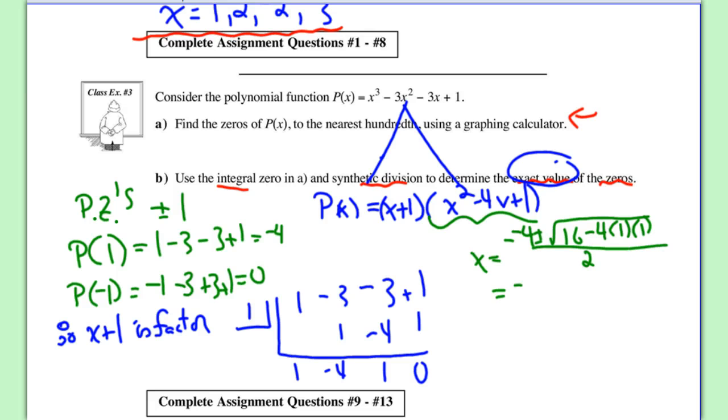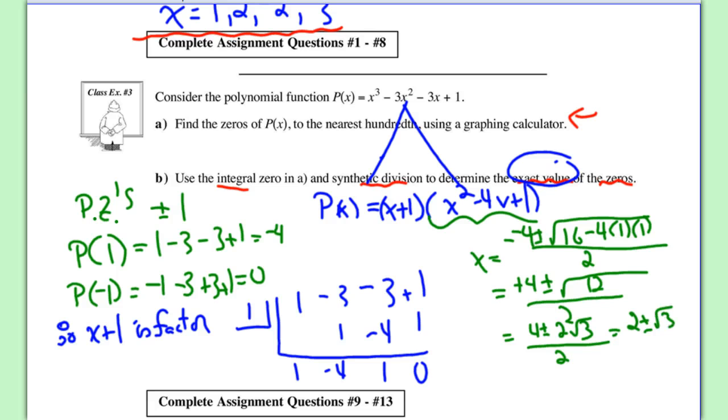That means I get positive 4 plus or minus the square root of 12 all over 2, which equals 4 plus or minus 2 root 3 all over 2, which equals 2 plus or minus root 3.